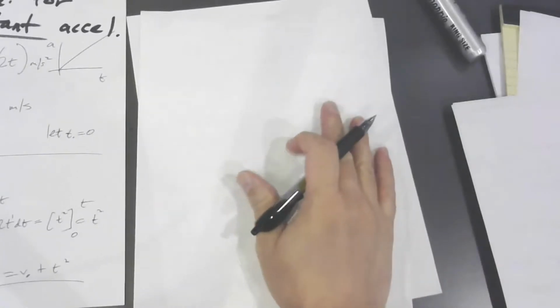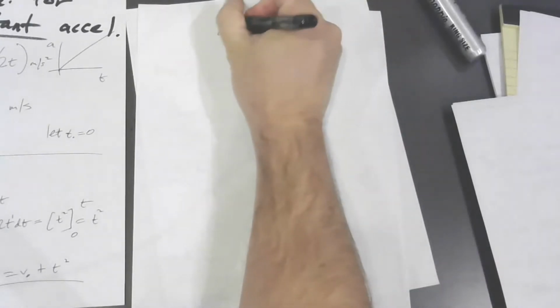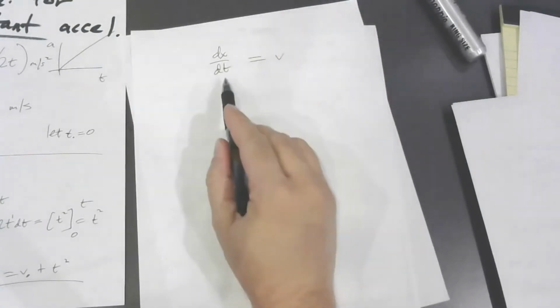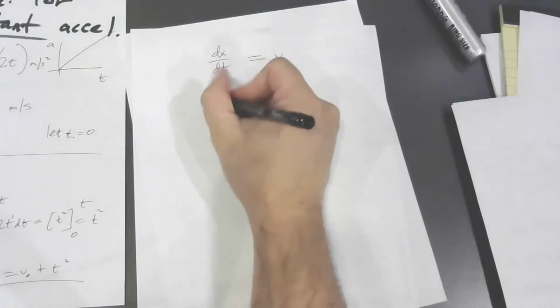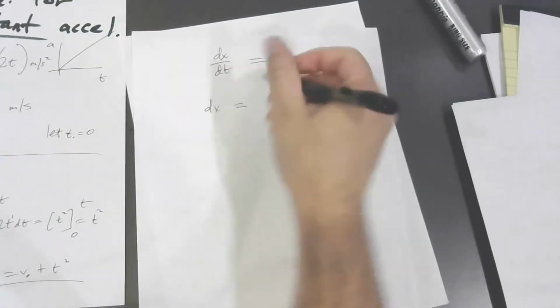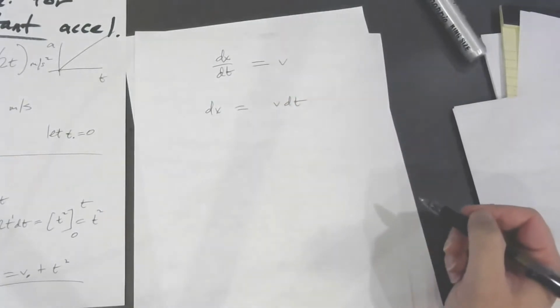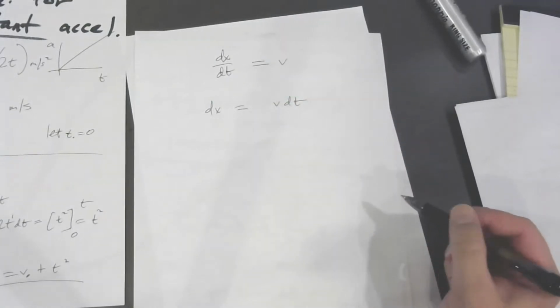Now, for the next integral, we remember that the time derivative of position is velocity. Let me move the dt to the other side and say dx equals v dt. And you'll probably make better use of your paper when you're doing this.